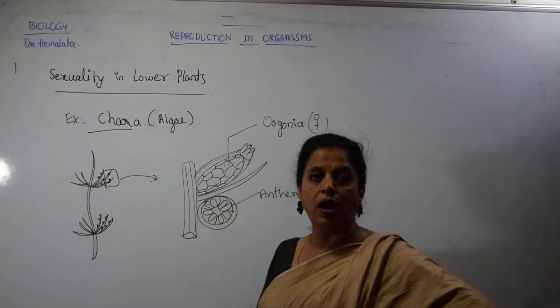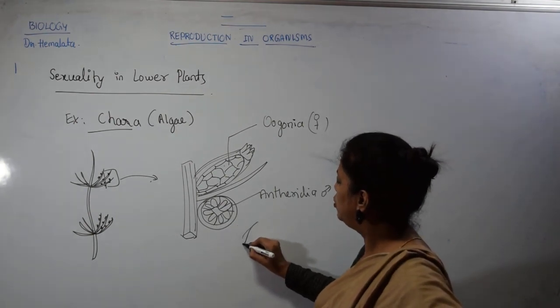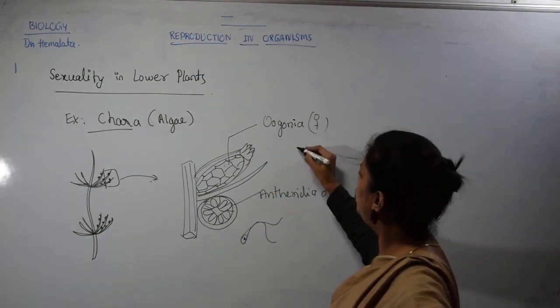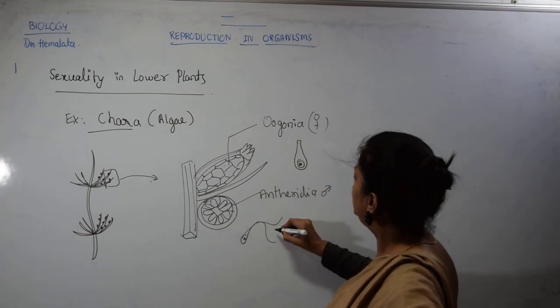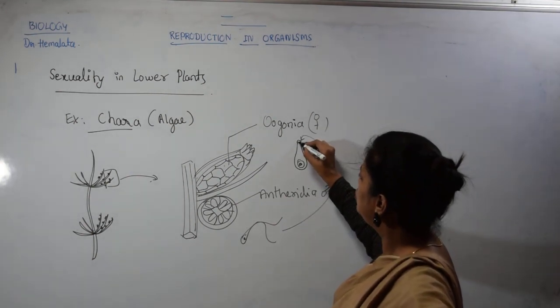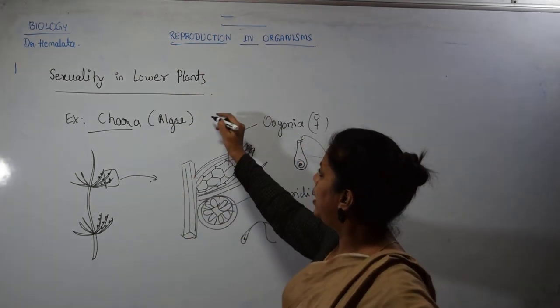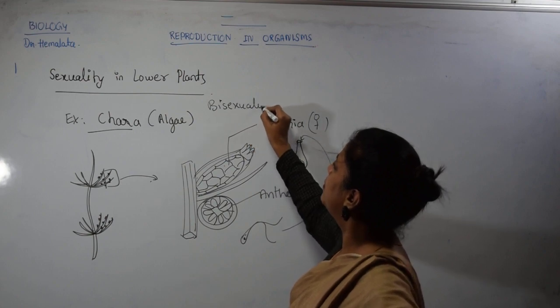Antheridia produce antherozoites whenever they undergo reproduction. They are flagellated. Inside the oogonia you get the egg, and the antherozoites will fertilize it. So here you get male and female sex organs in the same plant. So in Chara you get bisexuality. This is a bisexual character.